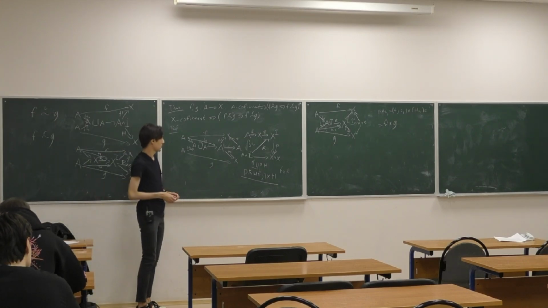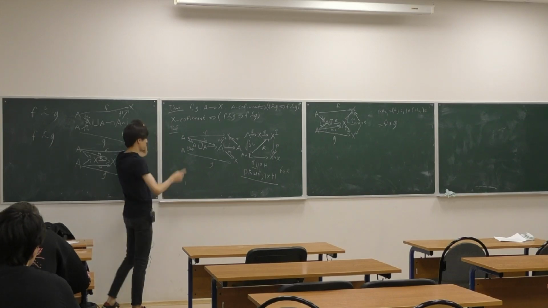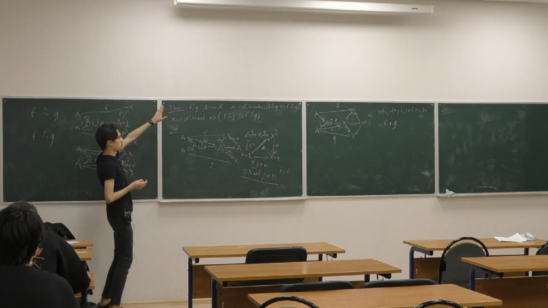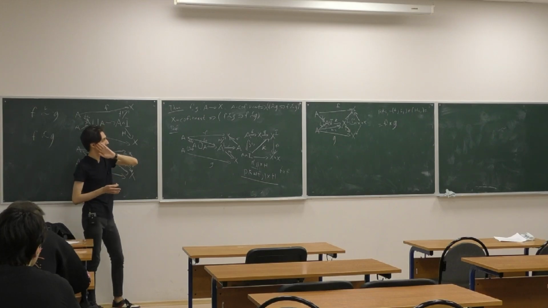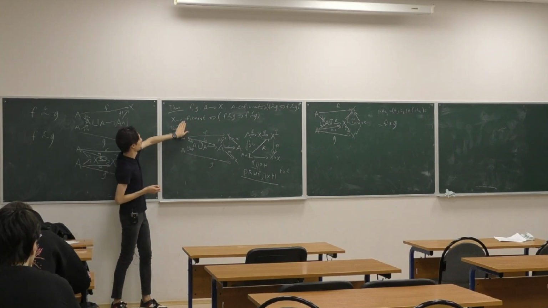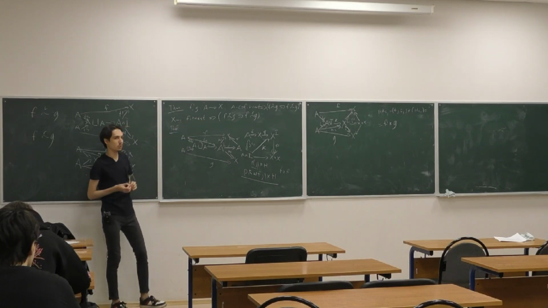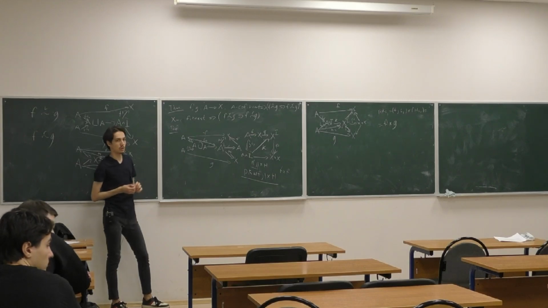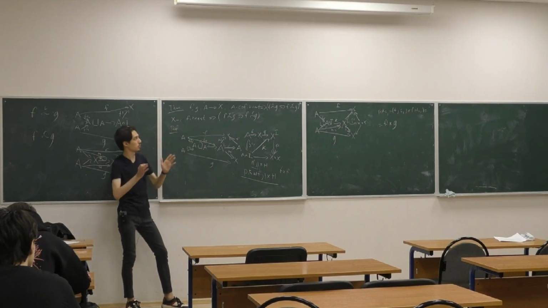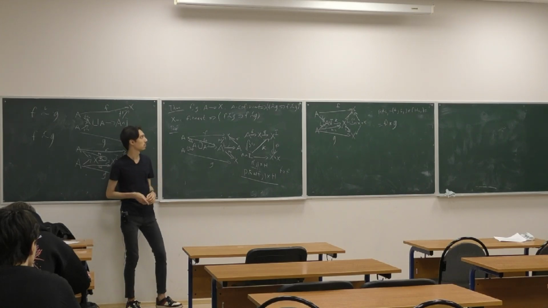So if both A and X are cofibrant, we will call, if A is cofibrant and X is fibrant, we will call this relation left homotopy, right homotopy, just homotopy, because it is one-to-one.